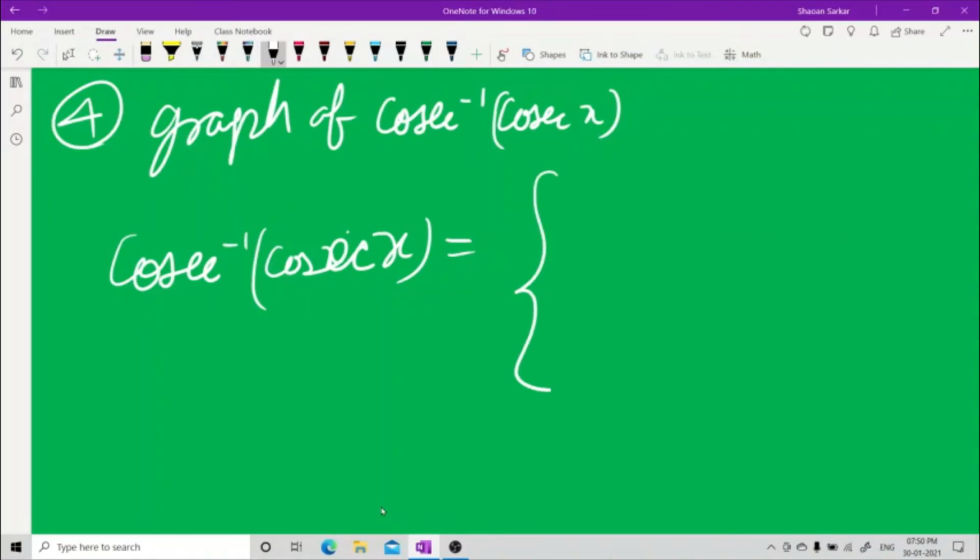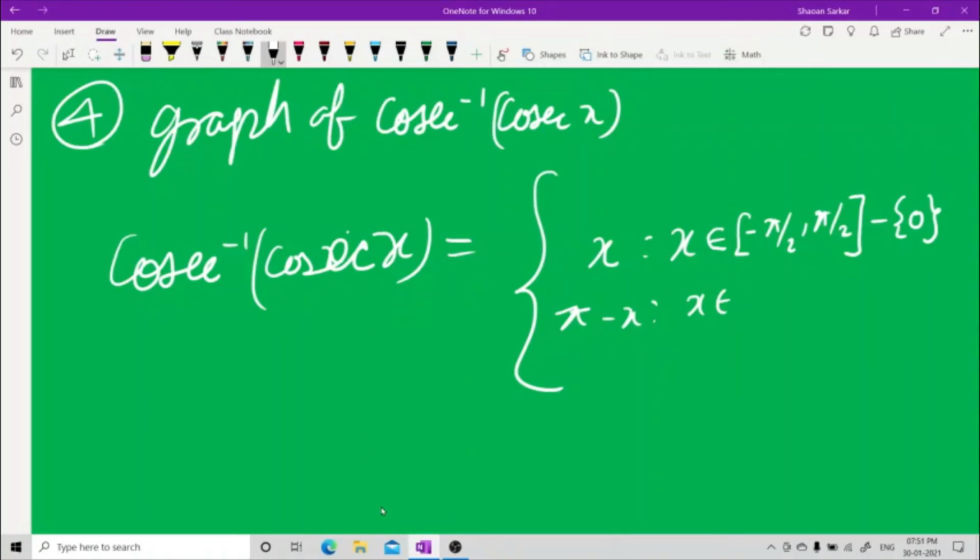It will be x for x belonging to minus pi by 2 to pi by 2, from which 0 would be removed. Then it will be pi minus x for x belonging to pi by 2 to 3 pi by 2, from which pi would be removed.